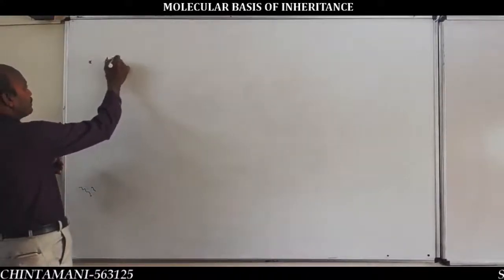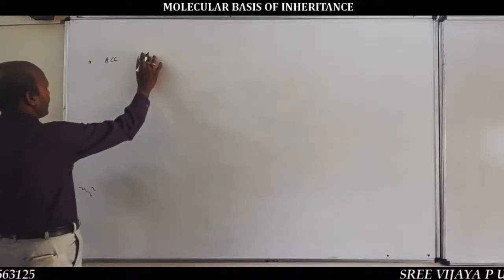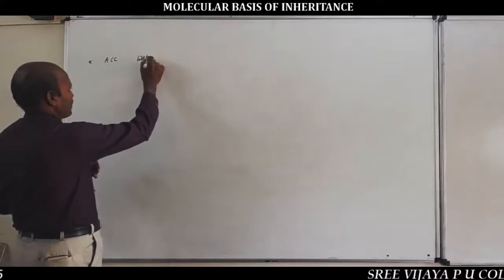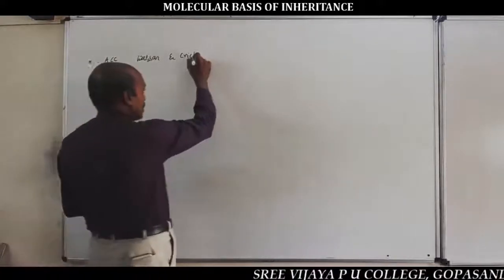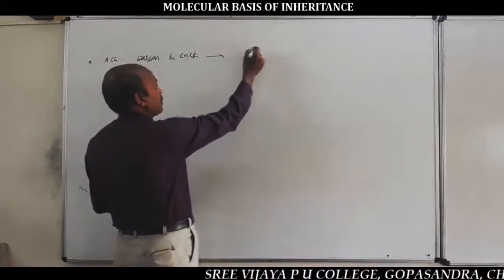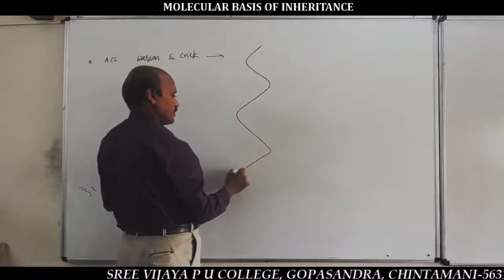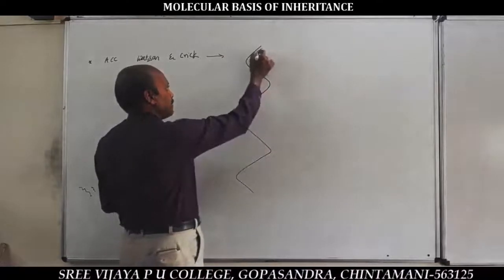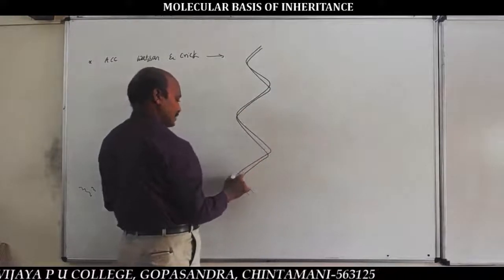According to Watson and Crick, DNA consists of two polynucleotide chains.